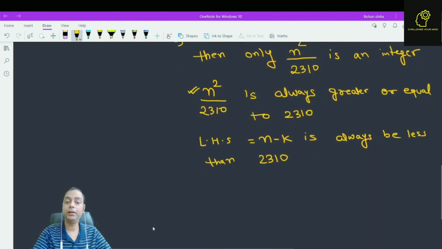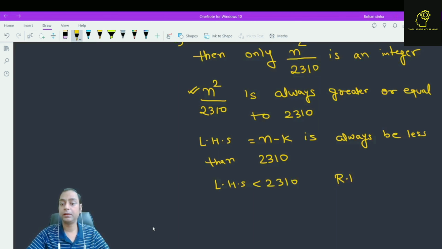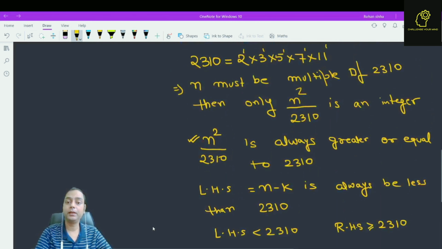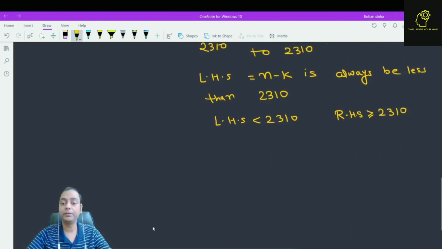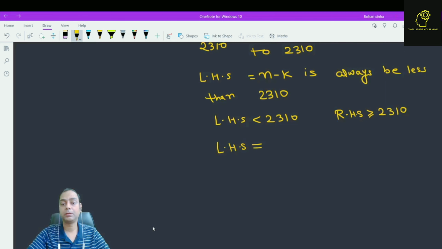The LHS is less than 2310 and the RHS is always greater than or equal to 2310. So LHS can never be equal to RHS. So there is no value of n.